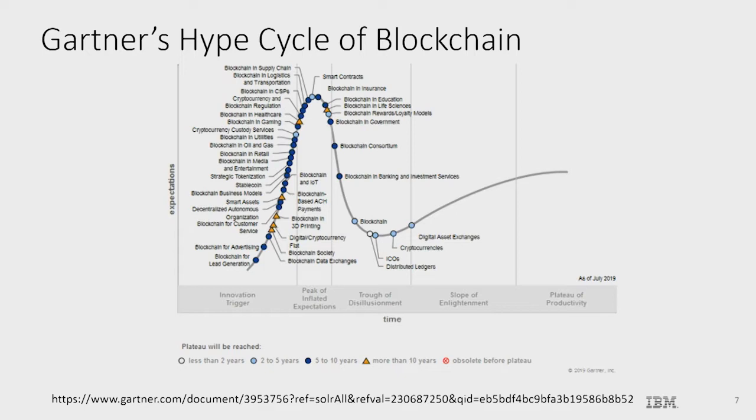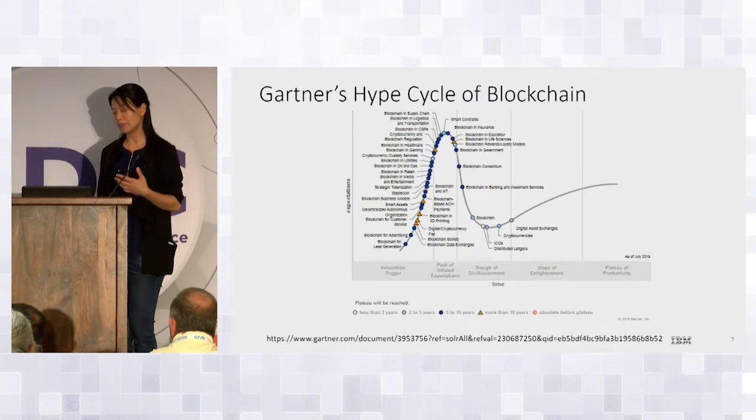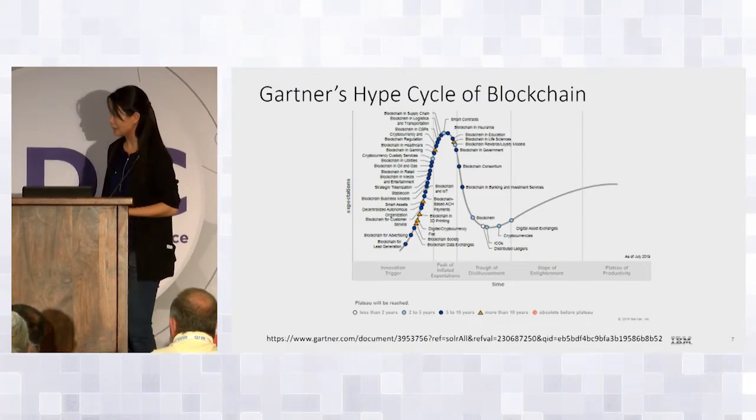The trough of disillusionment is basically when, if you have a good use case really suitable for using that technology, it will stay, and the bad ones will die out here. The ones that stay eventually climb out of the trough of disillusionment and go into the slope of enlightenment.